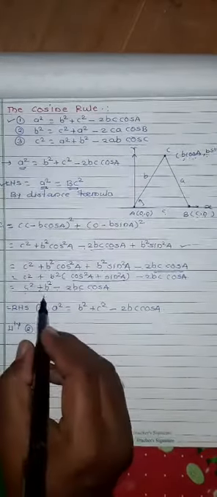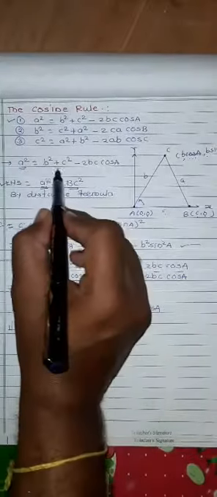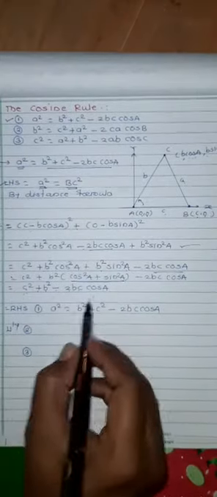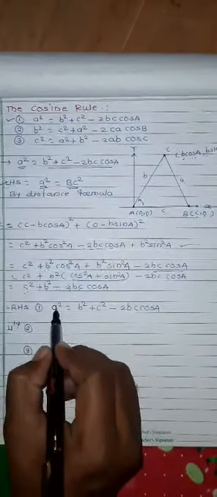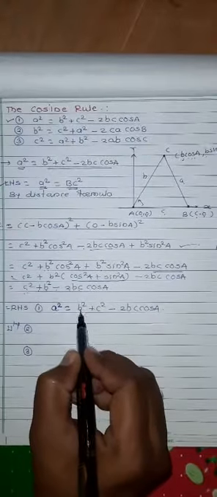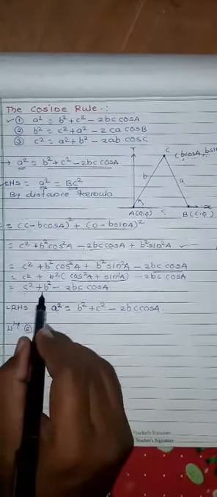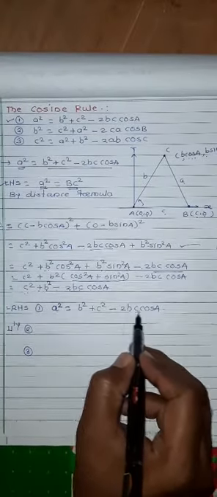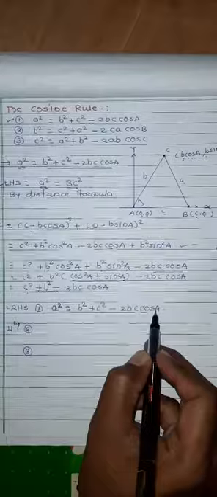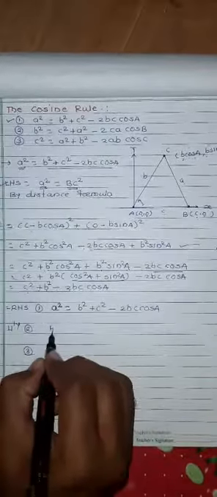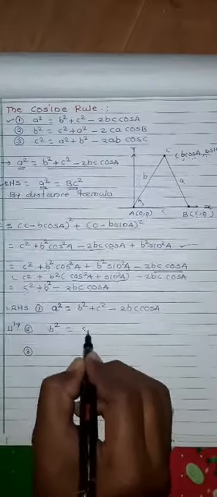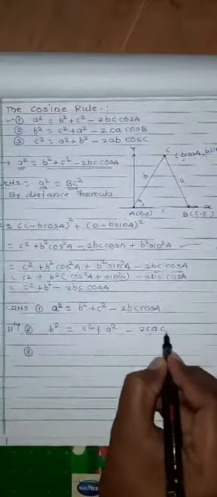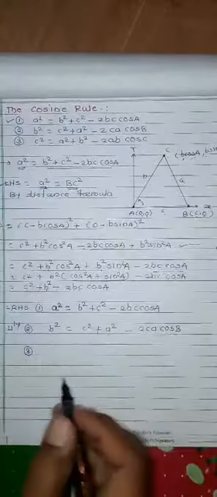Now this is nothing but the RHS of this equation, and hence we prove that the LHS, a square, is equal to b square plus c square minus twice of bc cos A. Similarly, the second equation is b square is equal to c square plus a square minus twice of ca cos B from this triangle.